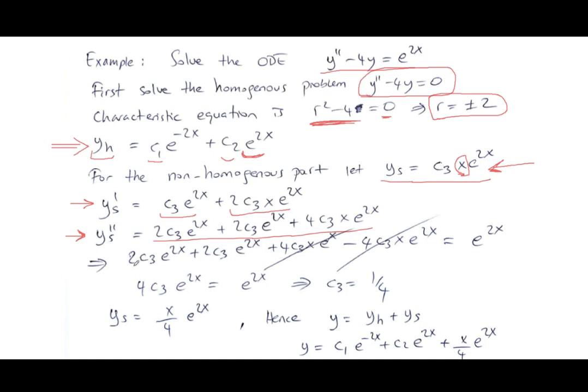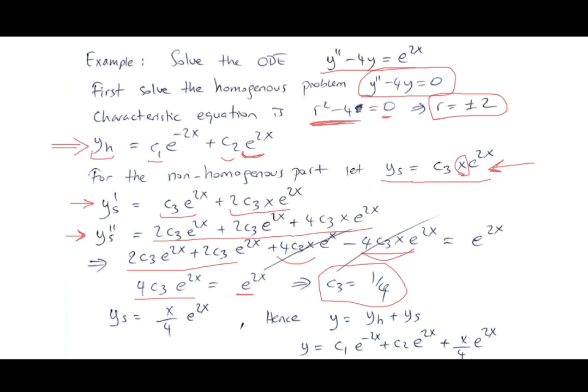So we plug in everything back into the equation. We subtract this minus 4 times y. So these two terms cancel each other. And then we are left with this part. And here we can write this down as 4 times c3 times the exponential equals to e to the power 2x. So this implies c3 equals to 1 over 4.